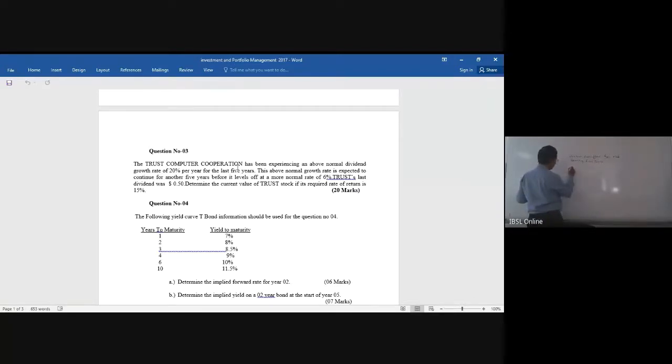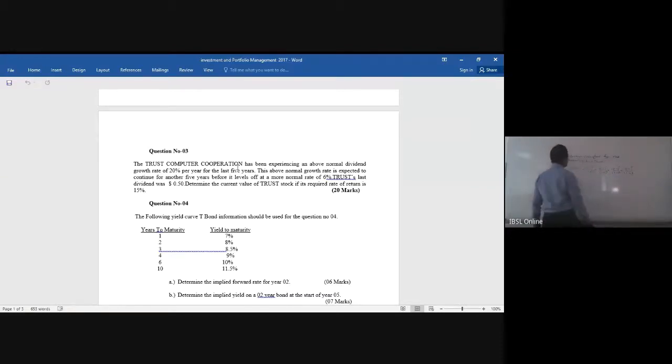We can say 0.5 into 1.2 divided by 1.15, plus 0.5 into 1.2 squared divided by 1.15 squared, plus 0.5 into 1.2 to the power 3 divided by 1.15 to the power 3, plus 0.5 into 1.2 to the power 4 divided by 1.15 to the power 4, plus 0.5 into 1.2 to the power 5 divided by 1.15 to the power 5.